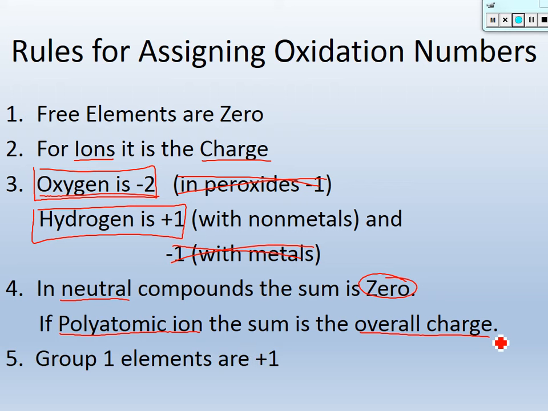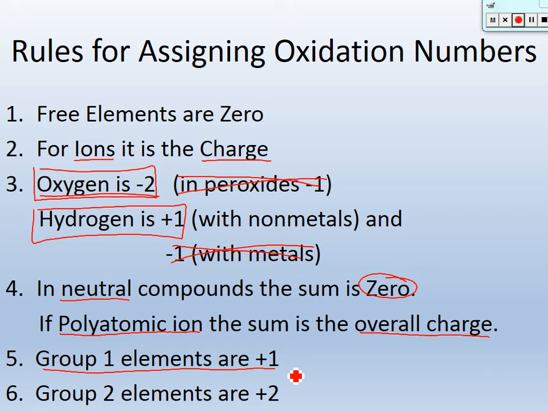Okay? And always, group 1 elements are going to have an oxidation number of +1. So group 1, the alkali metals, they're going to have an oxidation number of +1. And group 2, the alkaline earth metals, are always going to have an oxidation number of +2. Okay, so if we can remember those rules, this will be pretty easy.